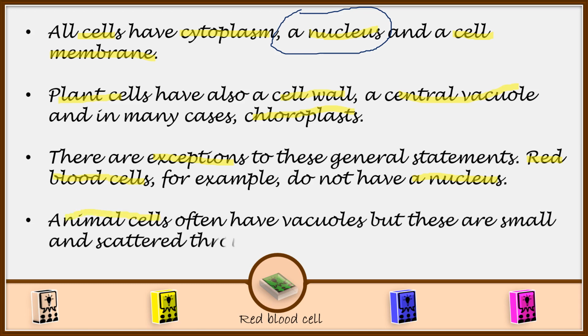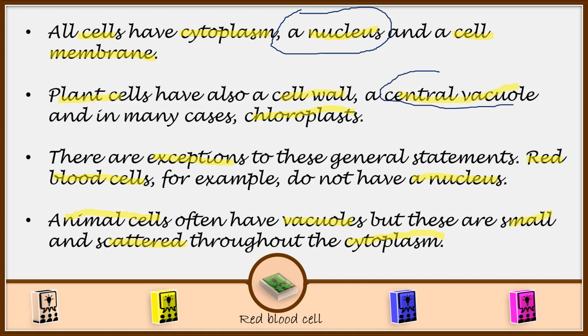Animal cells often have vacuoles, but these are small and may be scattered throughout the cytoplasm. So we were saying that the central vacuole is found in plants.